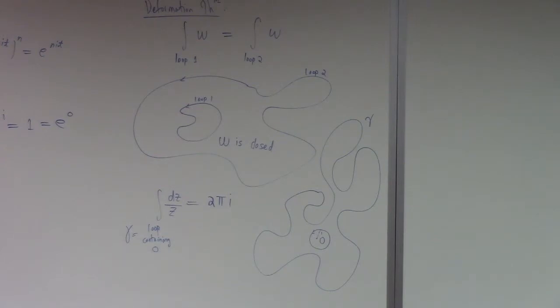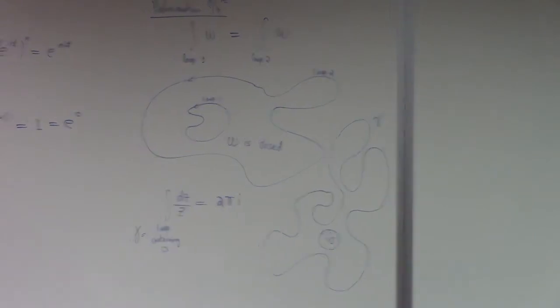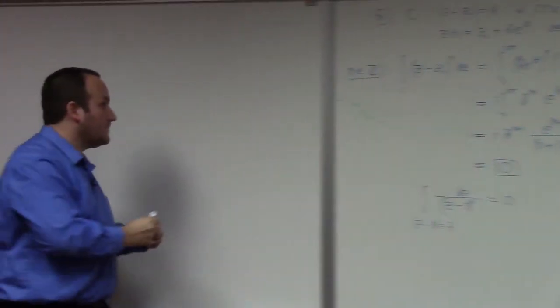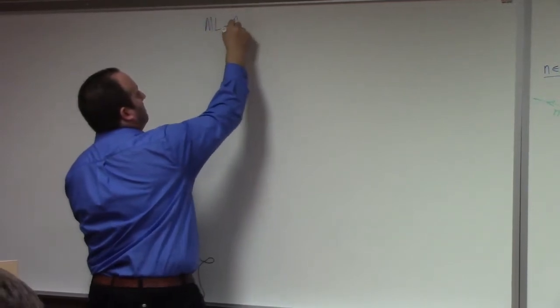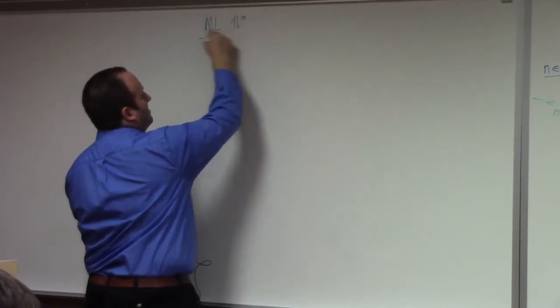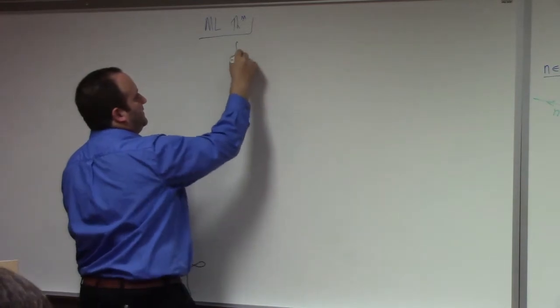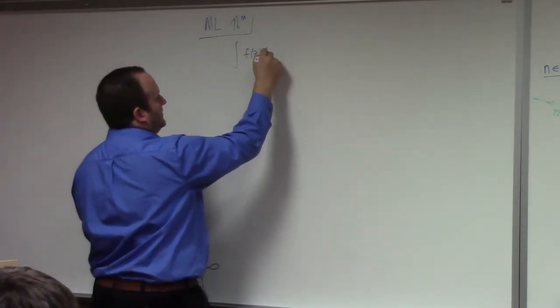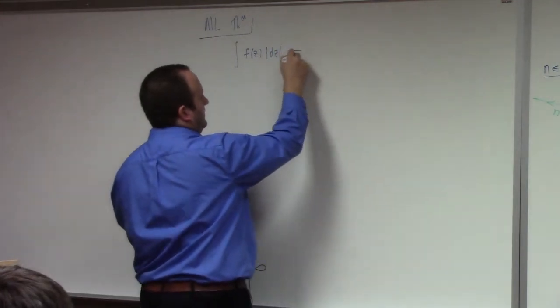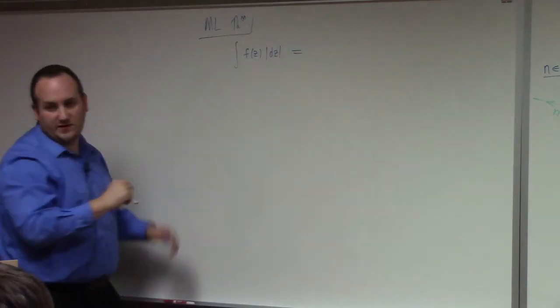Now, another fundamental tool we have to work with in the case of the complex integral is known as the ML theorem. What's the ML theorem say? So first of all, we define the integral of f of z times the modulus of dz.